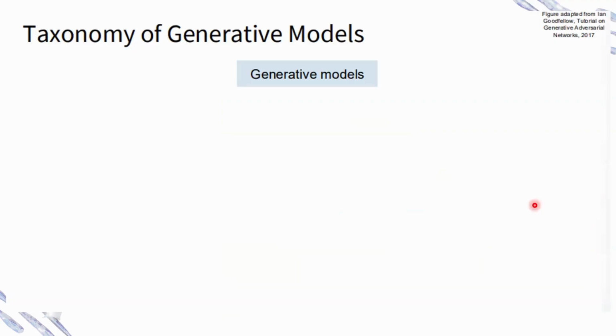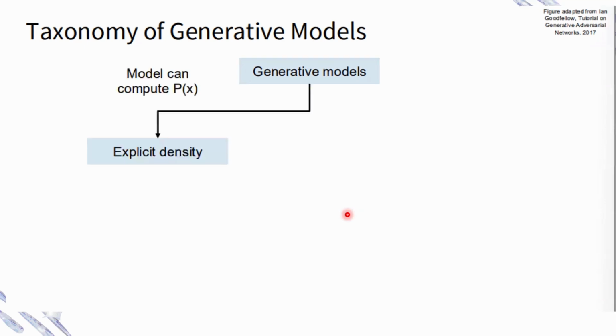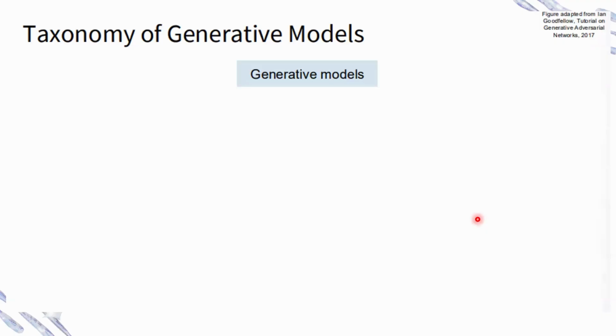And so I want to go over the taxonomy of generative models. There are a few big classes of them out there. In general, generative models aim to learn a distribution P of Y, P of X, or if we are a bit more specific, it should be P of X given Y, but usually in notation people drop the given Y for simplicity.